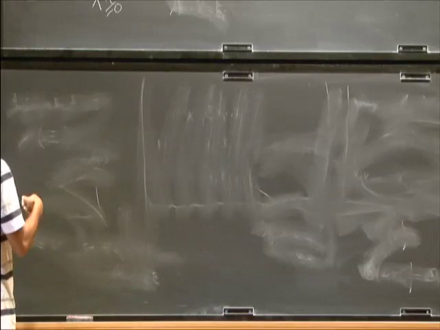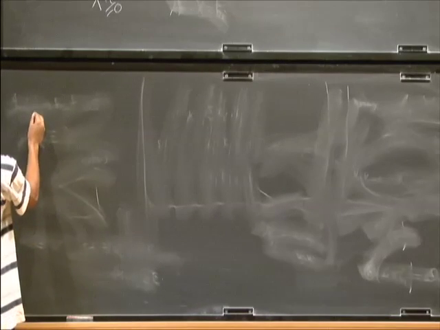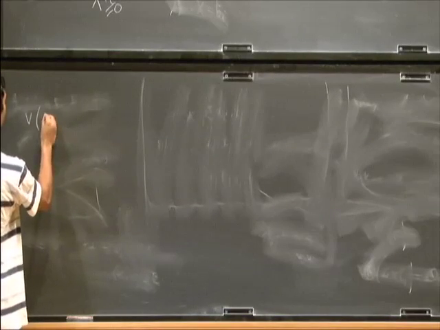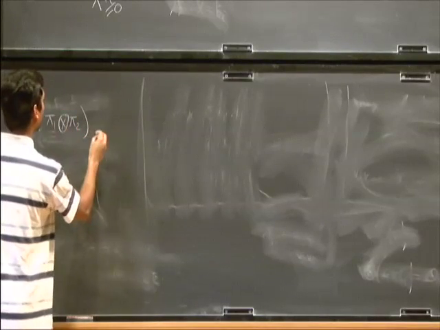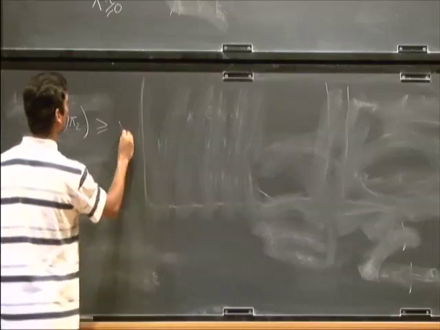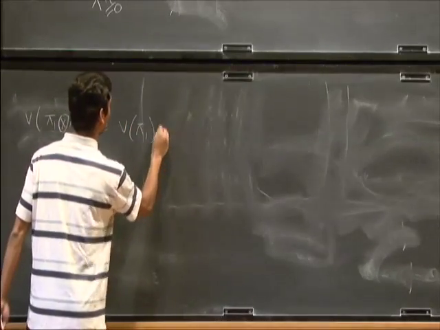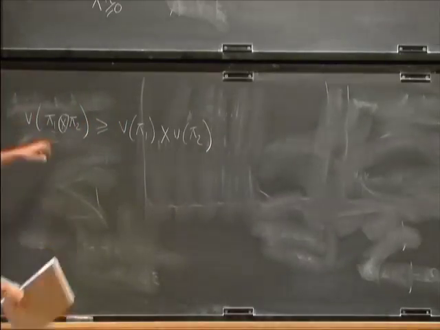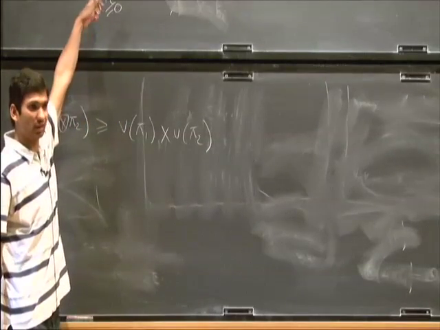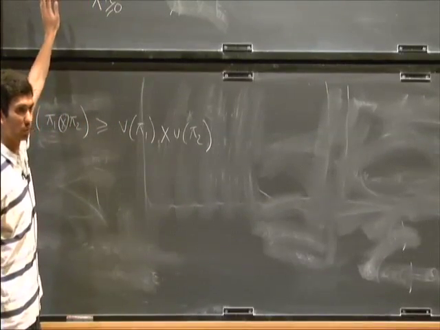Okay, so let's see. What will be our proof strategy? You have this value, and you know that this is greater than or equal to the product, because if you just take x tensored x1 tensored x2, that will be a solution of this program.